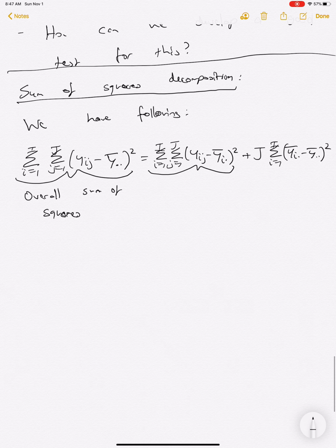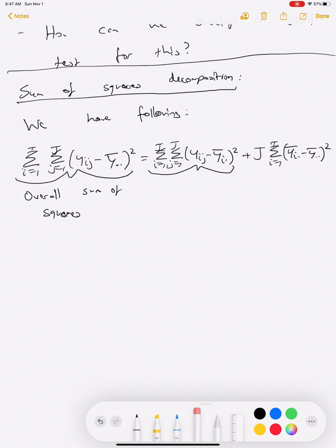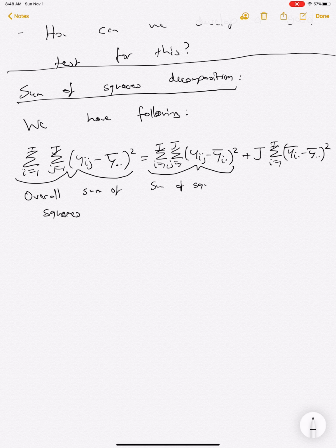This is the sum of squares within groups. This is the sum of squares within groups. And this is the sum of squares between groups.